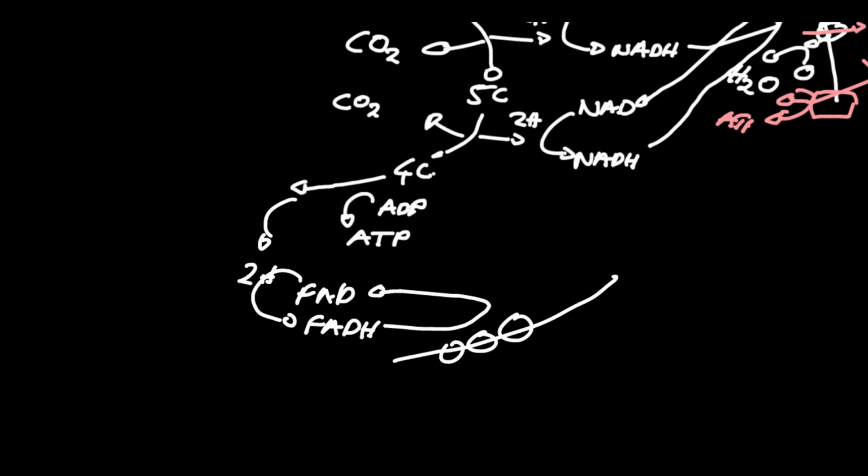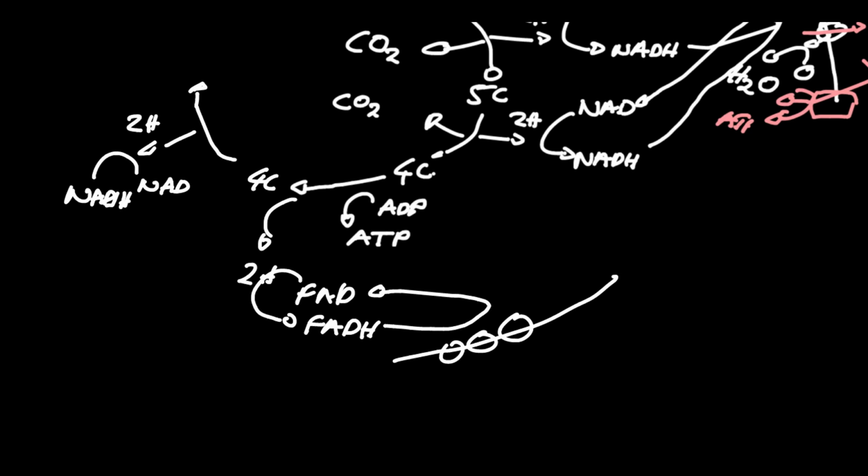We've now got a 4 carbon compound. This then changes into another 4-carbon compound with again another dehydrogenation step, where again they're picked up by the NAD, again reducing it to NADH.